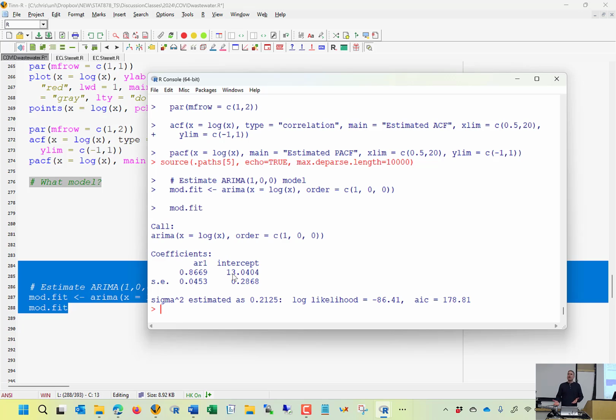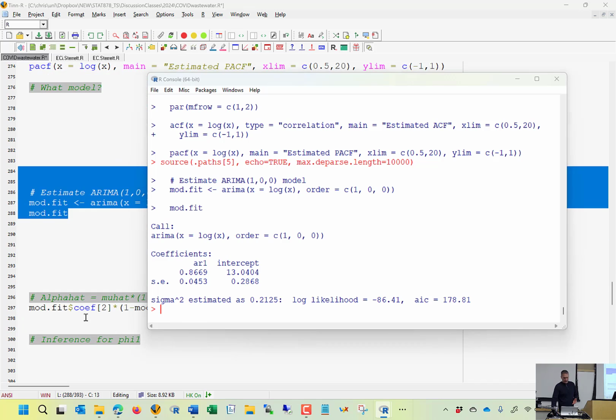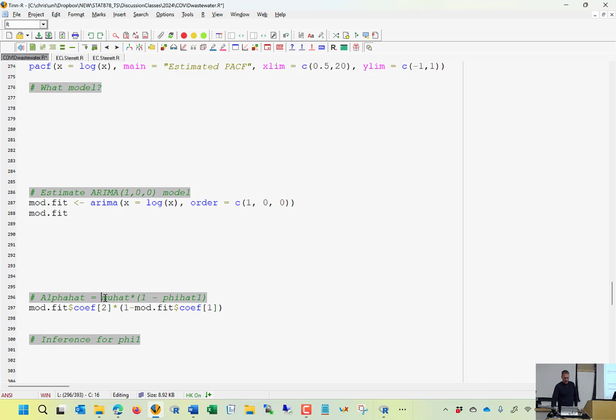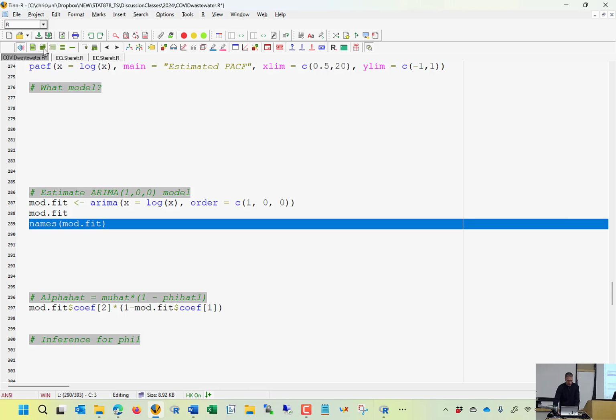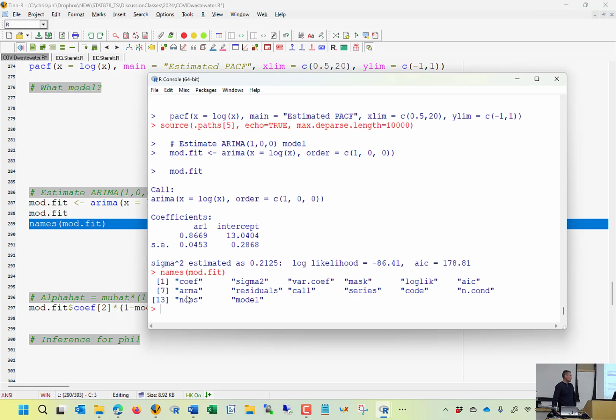So how do I estimate alpha for this model? Remember, alpha hat would be mu hat times 1 minus phi hat 1. So let's take a look at names of mod.fit. Mod.fit is a list, and we see something called coef. That is what's called a component of my list. To access that component, I do mod.fit$coef.